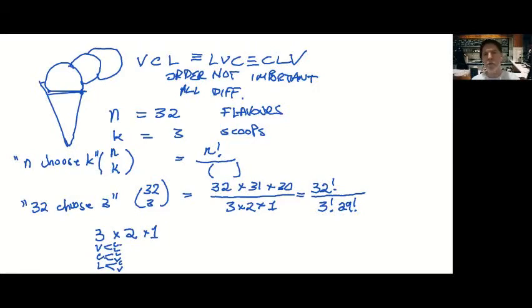The number of terms here is k. So we want 3 less, or k less than n down here. And so that's what we're going to do, n minus k factorial. Okay, so now we've generalized this.